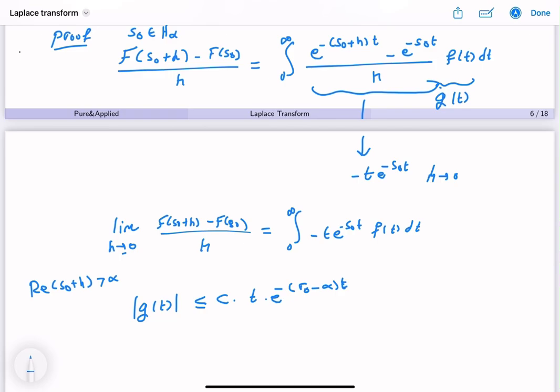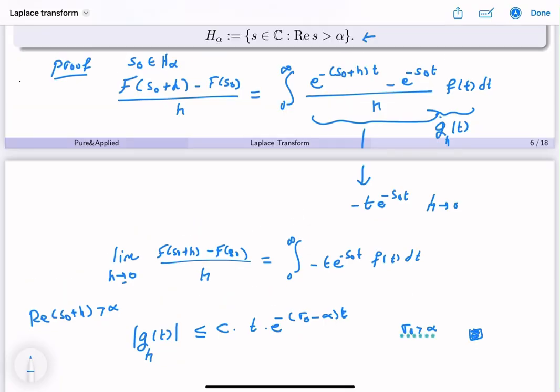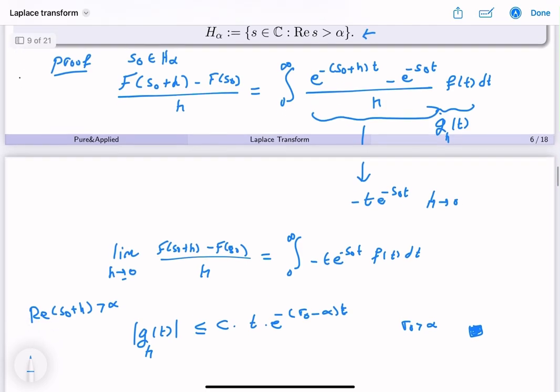And then from this bound, you can observe that you dominated this function, which depends on h, by a function that doesn't depend on h. And it's also integrable because sigma naught is bigger than alpha, and interchanging the limit and the integral is thus justified by something like the dominated convergence theorem. I'm gonna let you look that up, or you can justify it by the absolute convergence of the integral or whatever you wanna do.